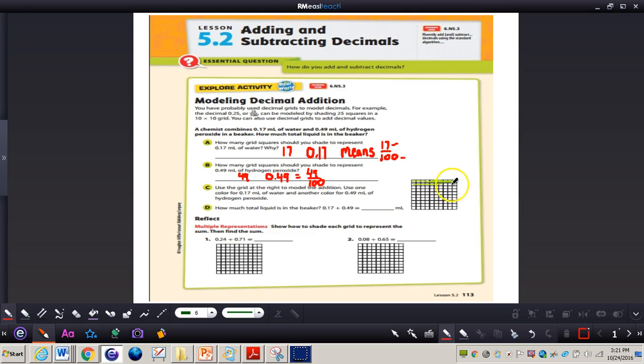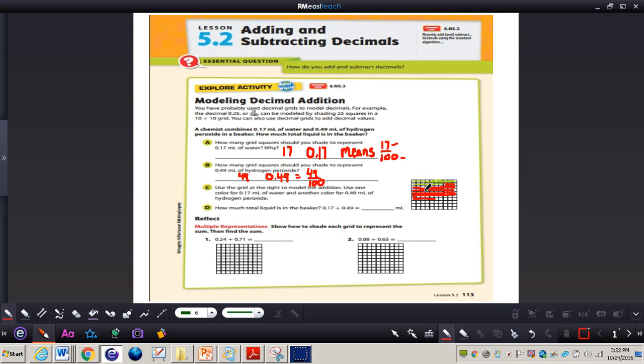Okay, so I'm going to color these 3 in. Then I'm going to color 4 rows. 1, try to do as straight as I can. 2, 3, 4. So now I have 43 because I colored 3 at the top, and then 6 more on this row. 1, 2, 3, 4, 5, 6.